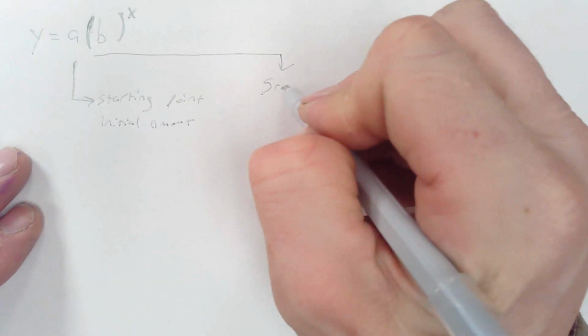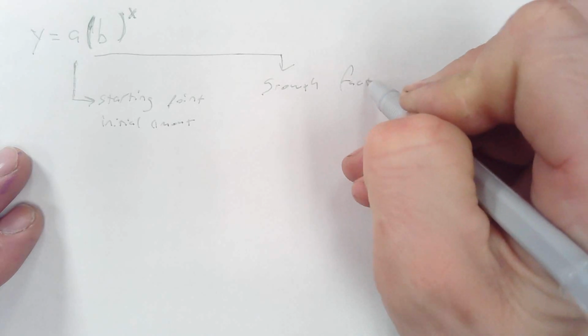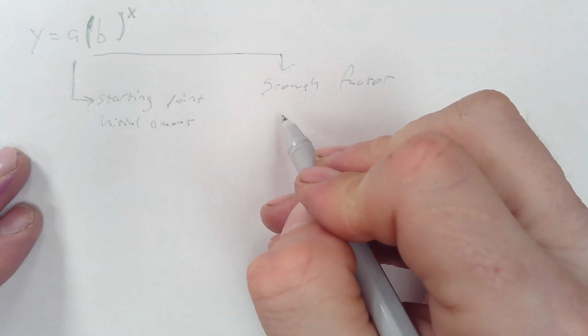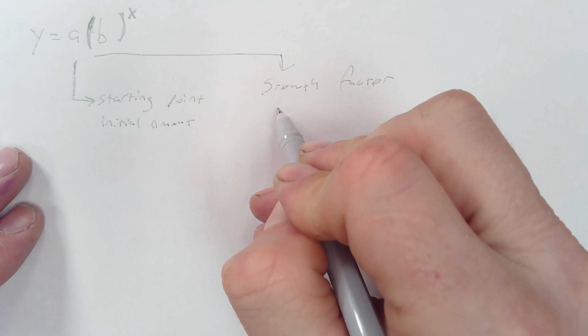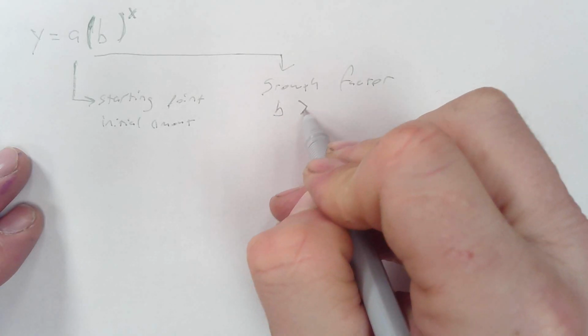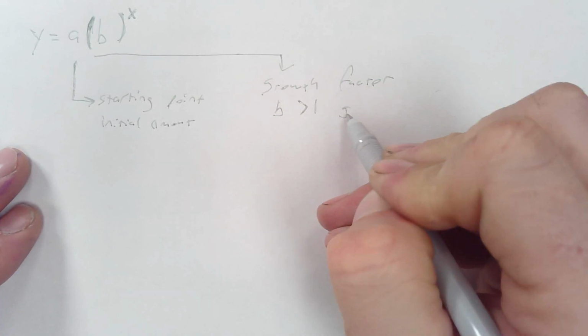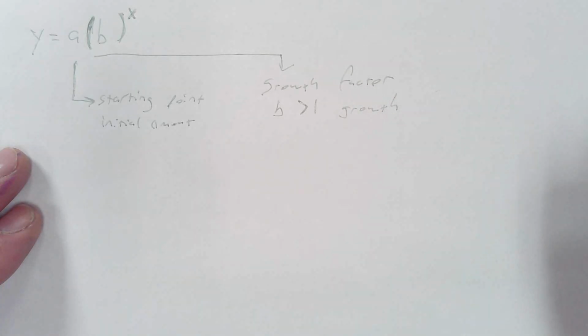Then b is the growth factor. If b is greater than 1, this is a growth. It means that as x gets bigger, y will get bigger.